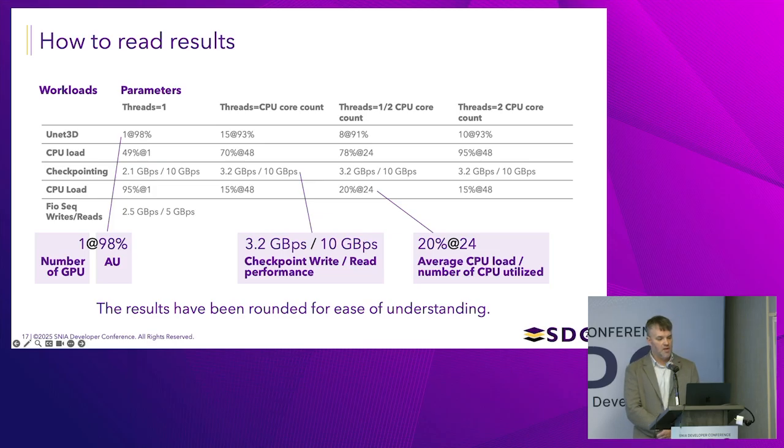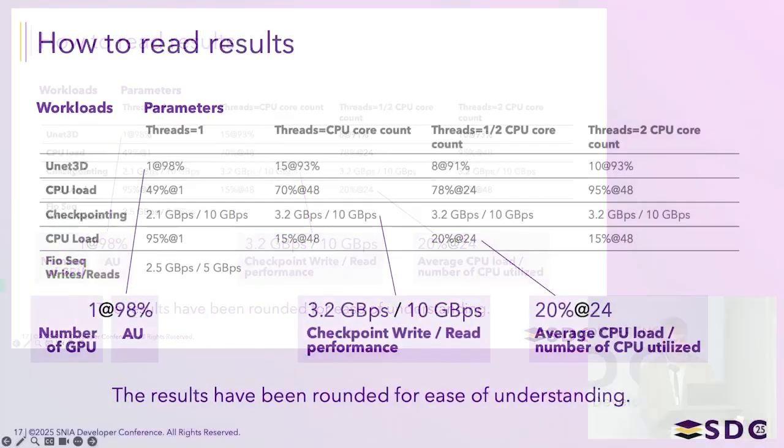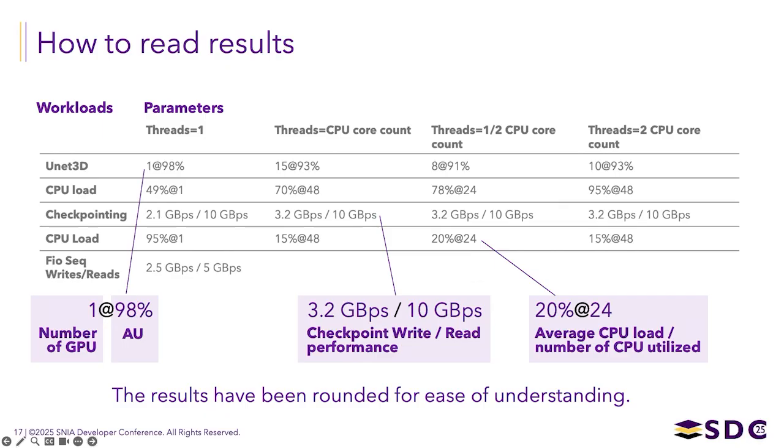So how to read the results? For the Unet3D workload, there are two figures. The first figure is the maximum number of GPUs simulated when I got a successful pass of the test.